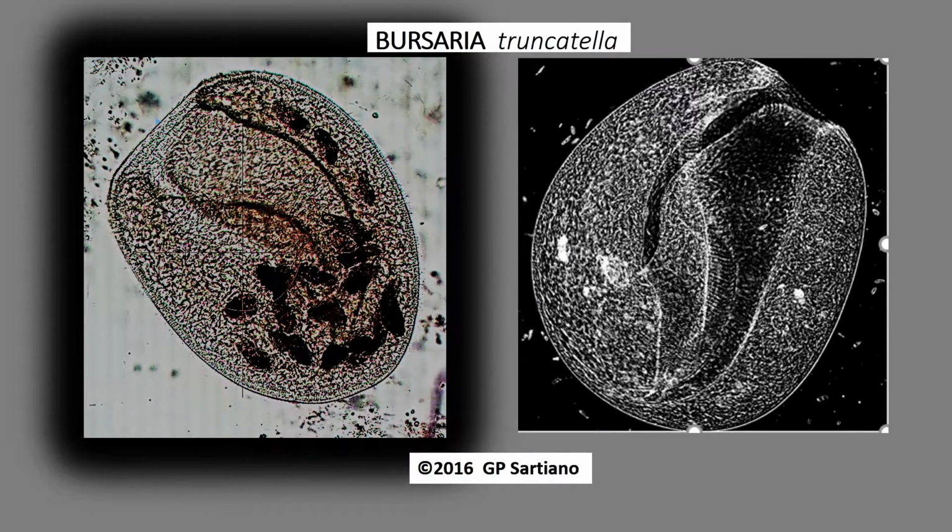The literature quotes the length of Bursaria as anywhere from 250 to 1700 microns, the latter definitely placing it in the macroscopic range. The organism seen here was measured as approximately 740 microns in length.